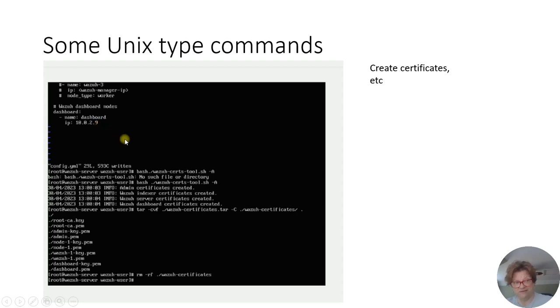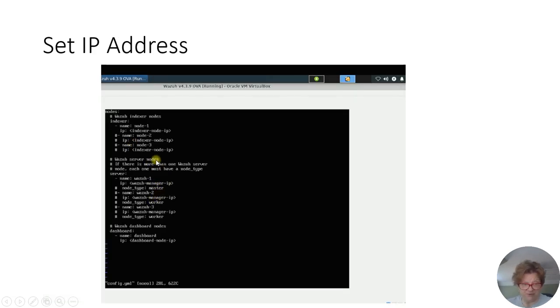The dashboard and the server will have the same IP address. In this case, it doesn't have an IP address, so we had to go in and configure that .yml file and modify the IP address so that I could see it.